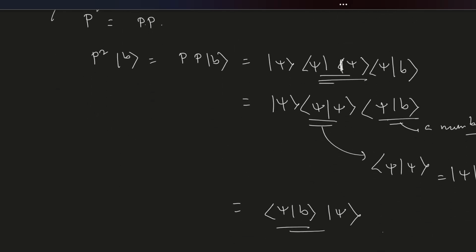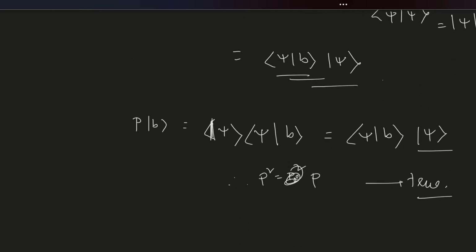If you simply act P on B, that also gives you the same thing, because this is psi bra psi ket on B, which is nothing but psi B number and psi. So this and this are the same, hence P square equal to P. This is also true.